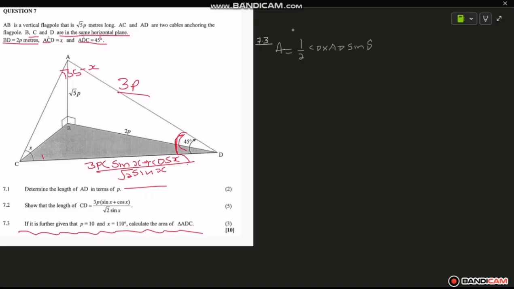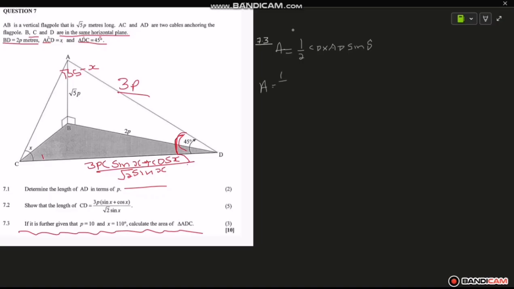Therefore area, I doubt that we're going to have a space here, but I think I'll write the size of CD with all the substitution on the other side.